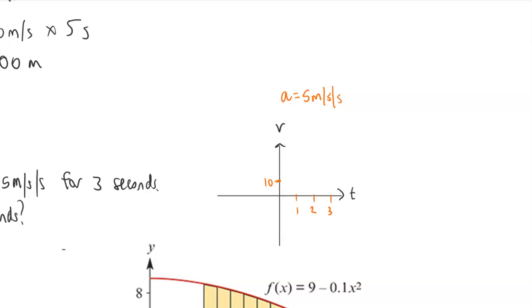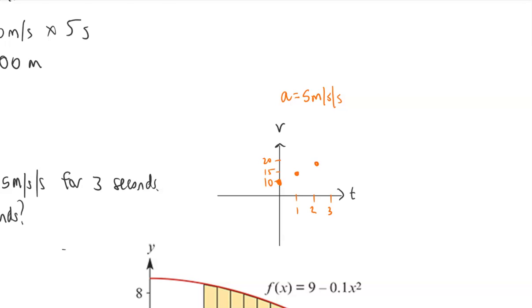Okay? So after 1 second, how fast am I now travelling? 15. Okay, we're starting at 10, we're accelerating at 5 metres per second every second. So after 1 second, my velocity's increased by 5 metres per second, so now I'm going 15. So starting here, then I go 15. How fast am I travelling after 2 seconds? 20, right?